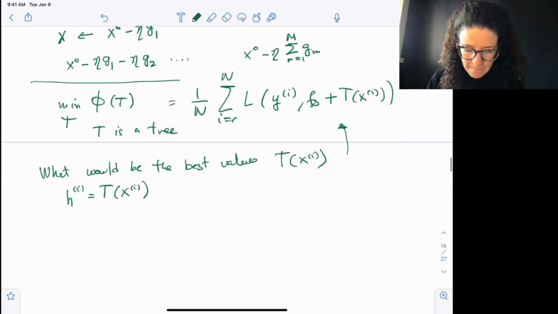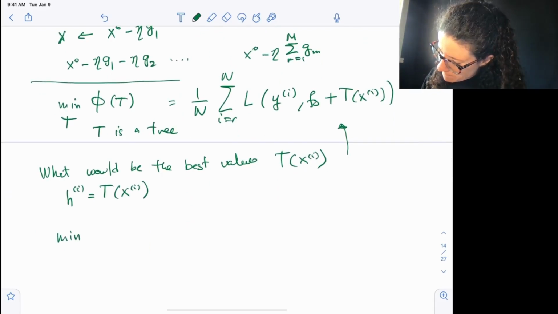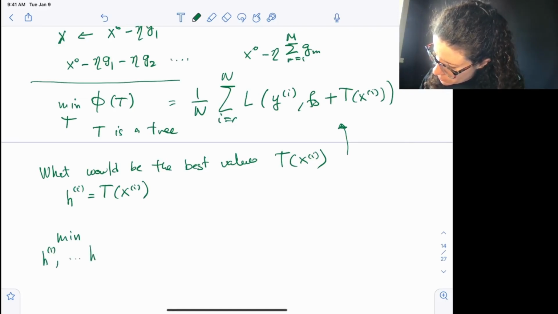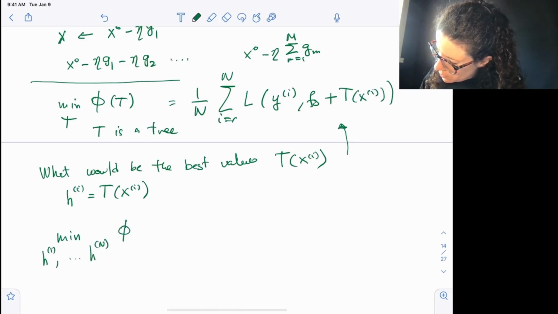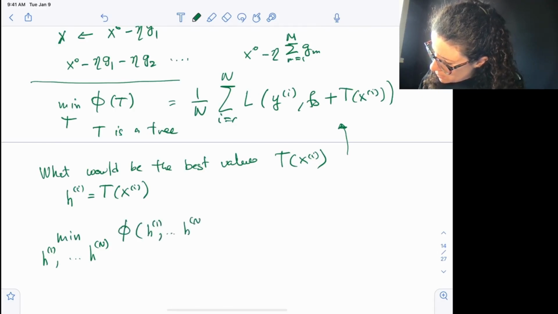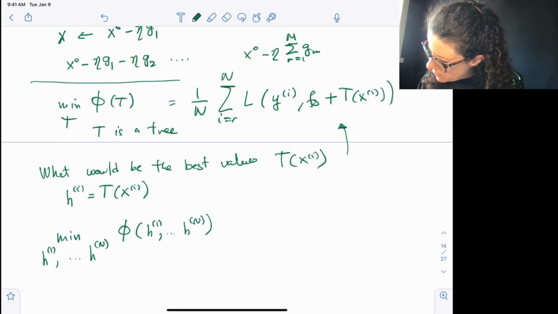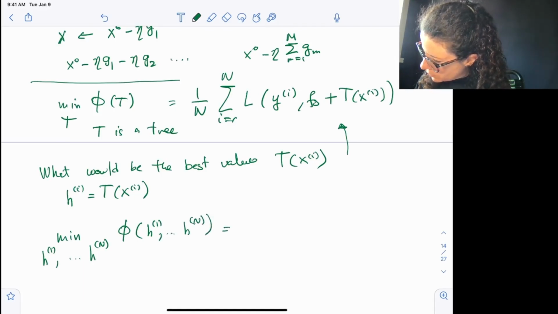Now what I'm saying is that I want to minimize with respect to h1 through hn this function that I call phi of h1 through hn.